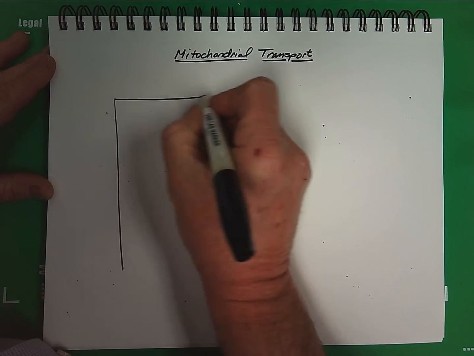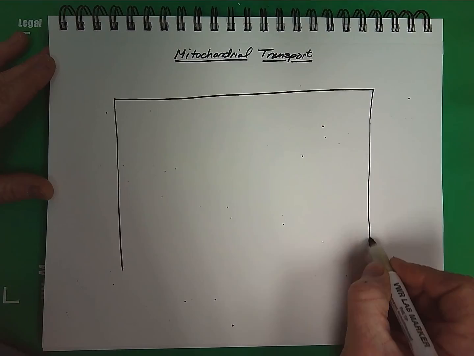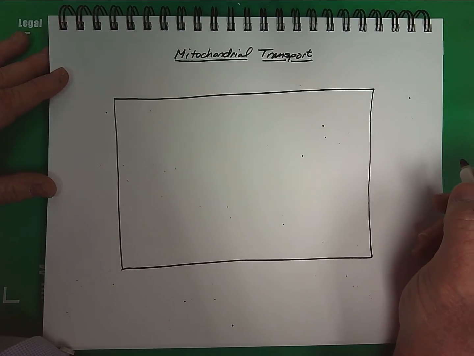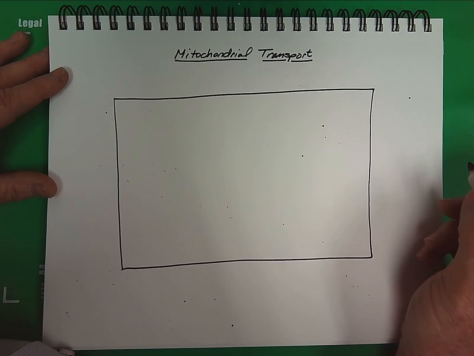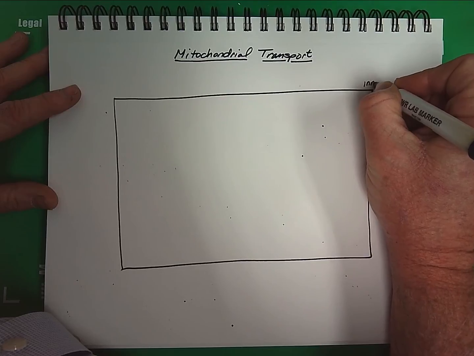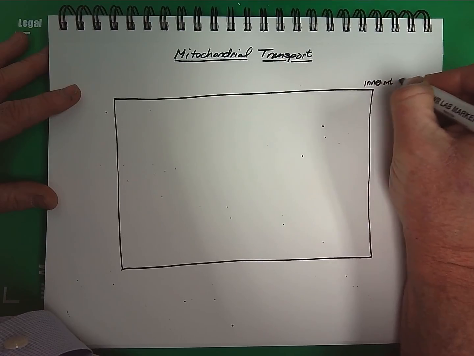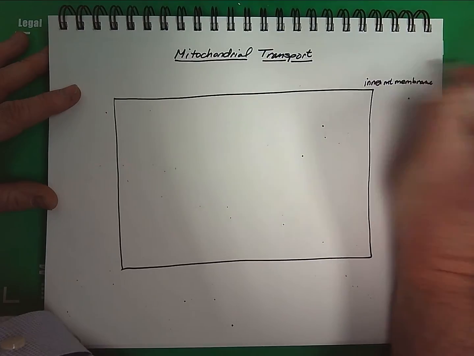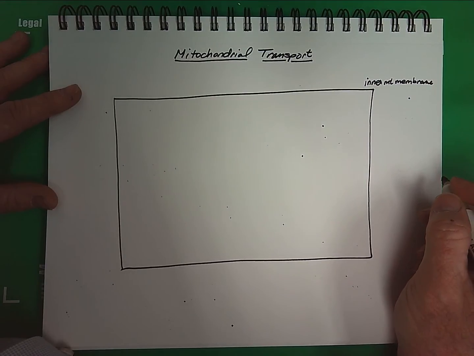We have to balance our small molecules that are moved in and out of the mitochondria in order to make sure that we have sufficient substrates for energy production. So remember that the inner mitochondrial membrane is the membrane structure that is very regulated for transport.